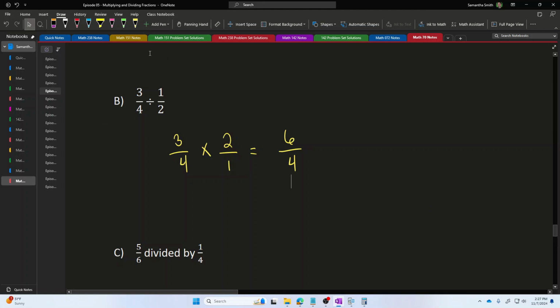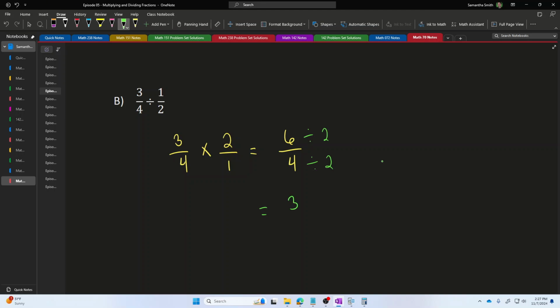And now I will check to see, can this answer be simplified anymore? Is there a number that goes into 6 and also into 4? And I think there is. I think 2 goes into both 6 and 4. So if I divide both the numerator and the denominator by that number, I get 3/2, which would be my fully simplified final answer there.